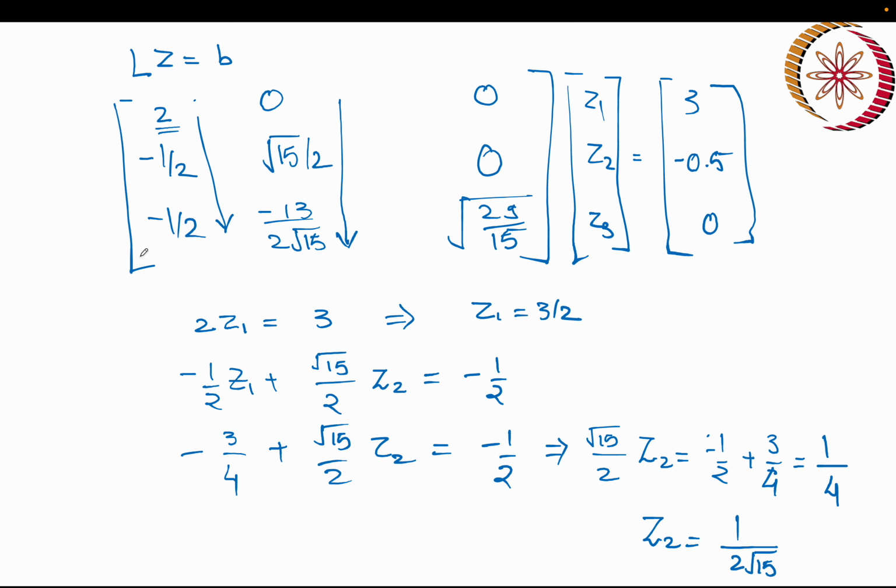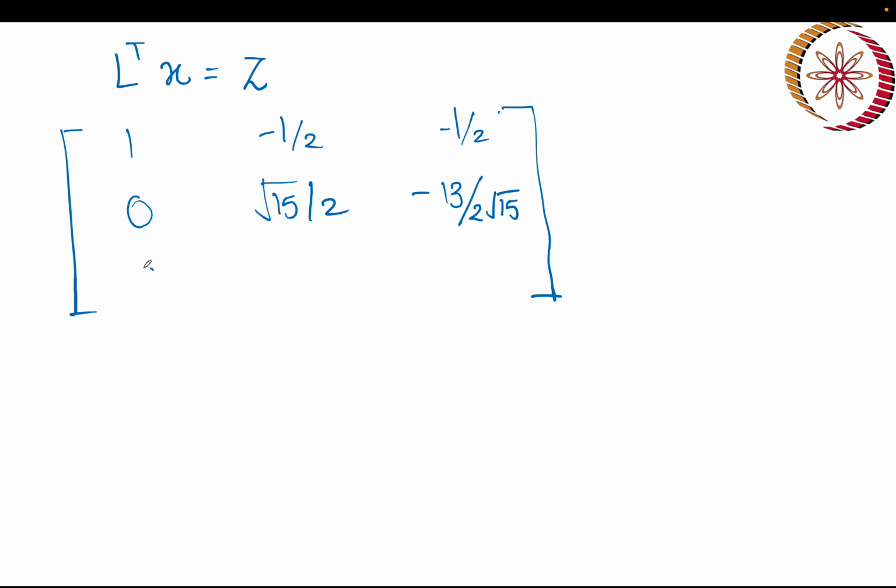The last will be this one, 0, 0, square root of 29 by 15.